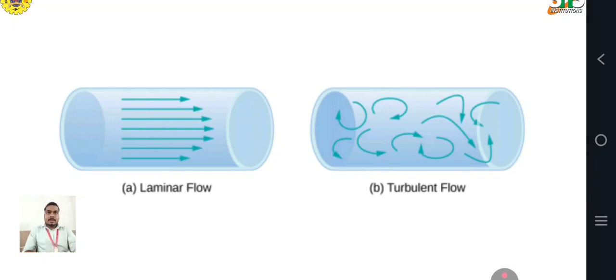Between the pipe and the fluid the friction is high, so this is known as the no slip boundary condition. The second diagram represents turbulent flow, in which streamlines are irregular and change over time.